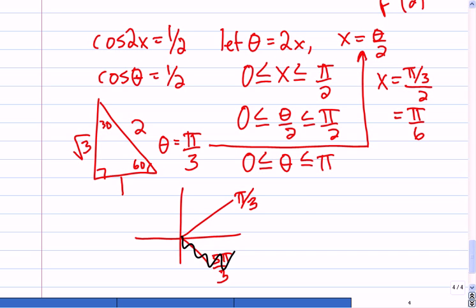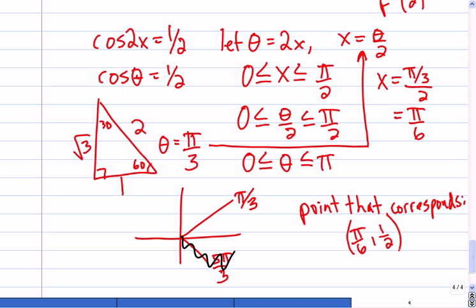So now what I know is the point on the function, the point that corresponds to it, is the point pi over 6, 1/2. It's not always going to be as involved as solving a trig equation, but the first step is always the same. If you're given a point on the inverse, you have to figure out where that point corresponds on the function. So now I have that corresponding point.